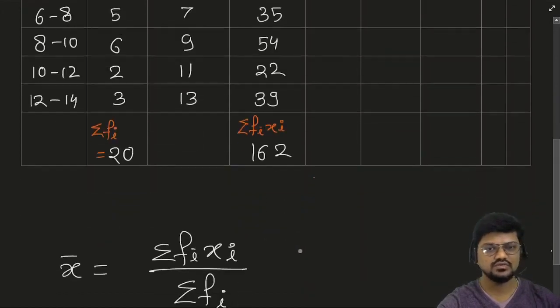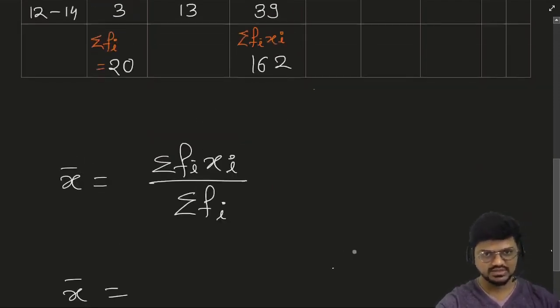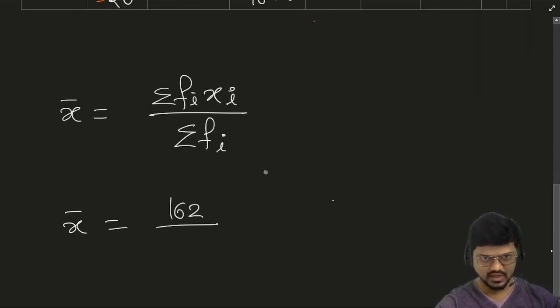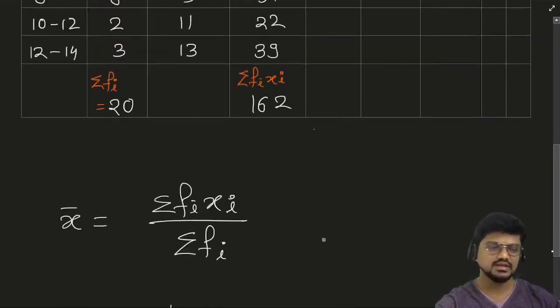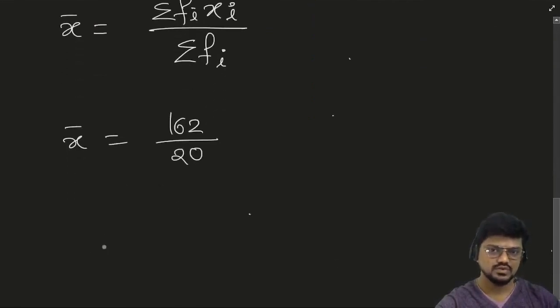We got the summation of fi into xi as 162. Since we need to find the mean, your mean will be summation of fi into xi, which is 162, upon summation of fi, that is 20. You just divide them. Cancelling in the table of 2, 2 eights are 16, so it will be 8.1.